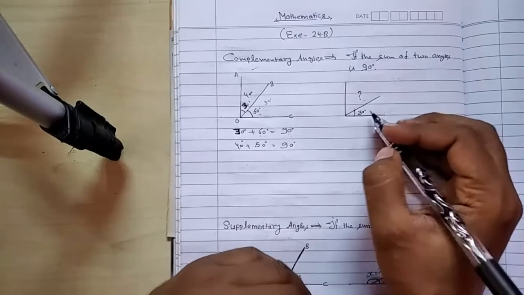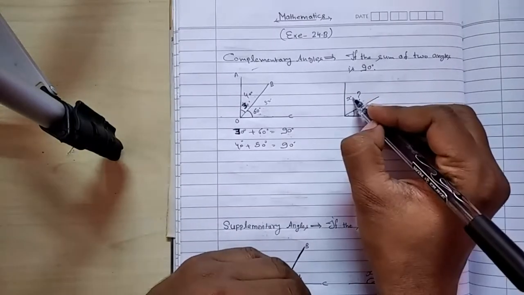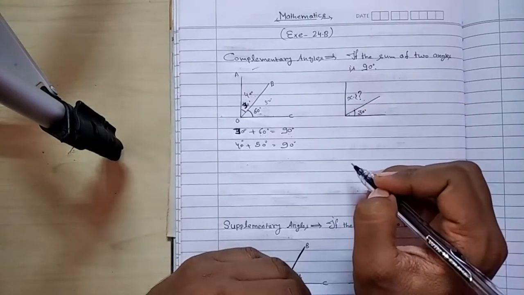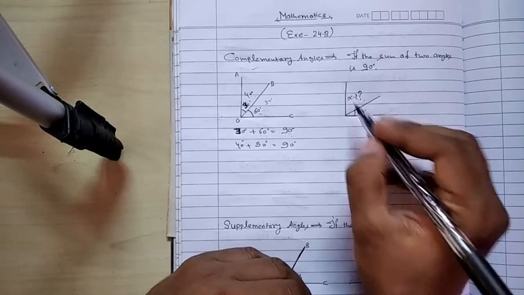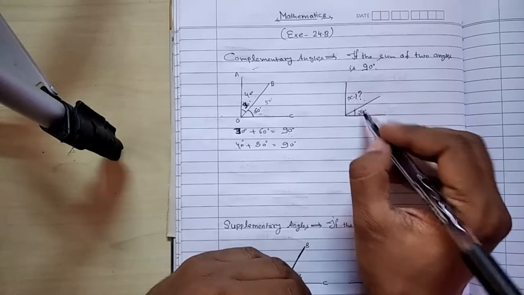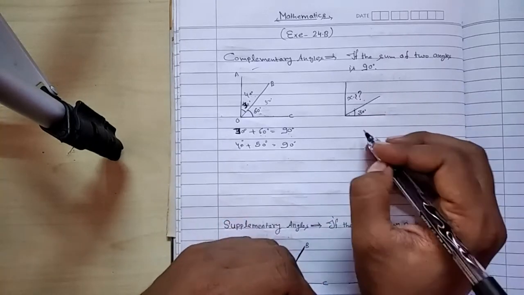Got it? Here one angle is given as 30 degrees and the second angle is unknown. We suppose the second angle is x. If they are complementary angles, the sum of both angles should be 90 degrees.